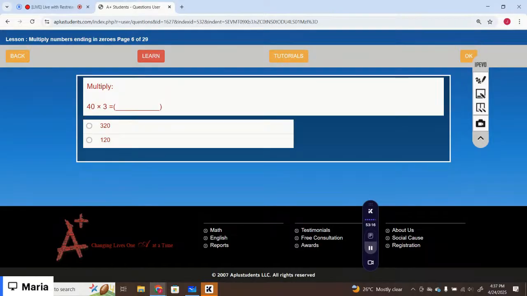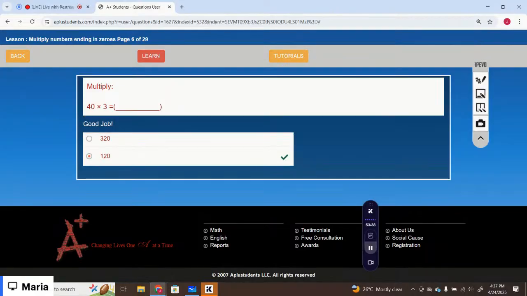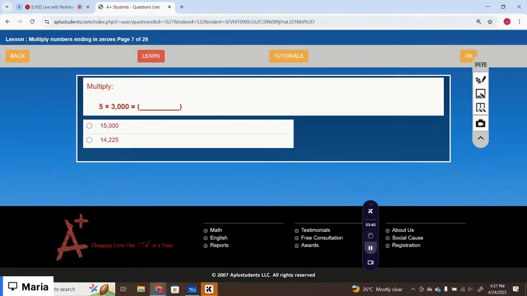14 times 3, which is the correct option? 4 times 3 is 12, that is 120. Option number 2 is the correct option. 5 times 3,000 equals.